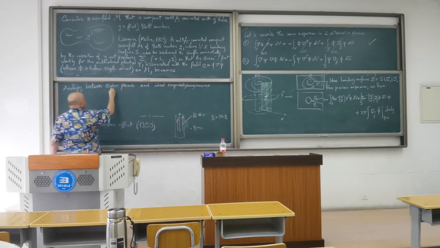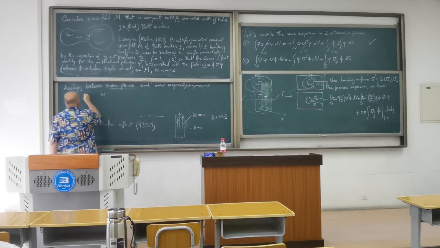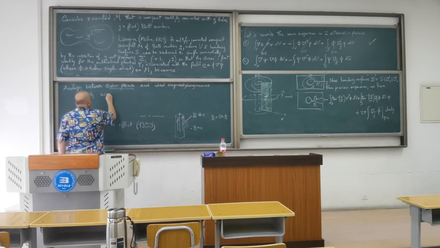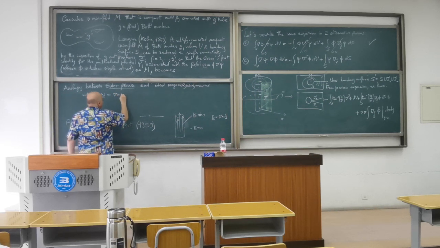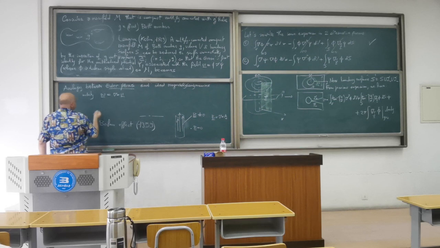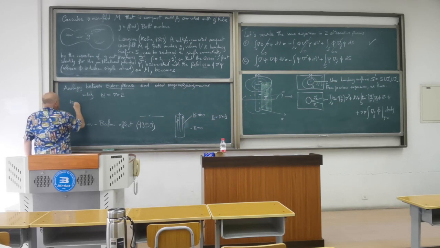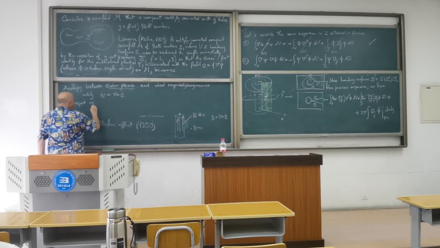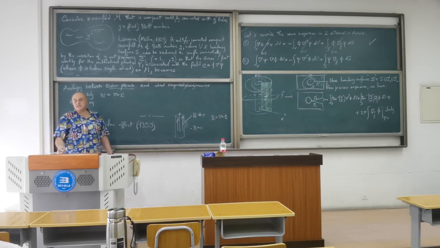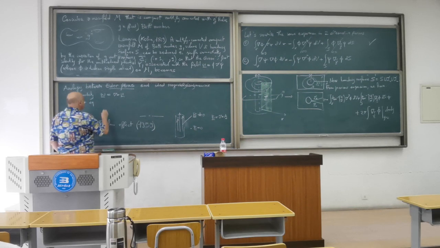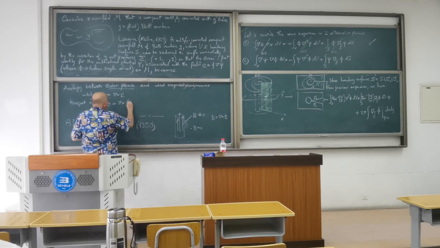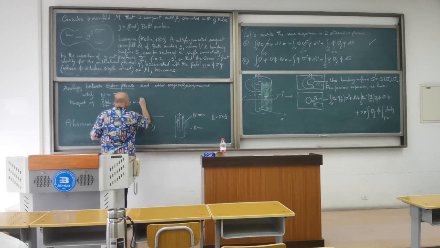In Euler flows, we have vorticity, omega, the curl of U. Then we have the transport equation for vorticity. It is called the Helmholtz equation: d omega dt equals the curl of u cross omega.